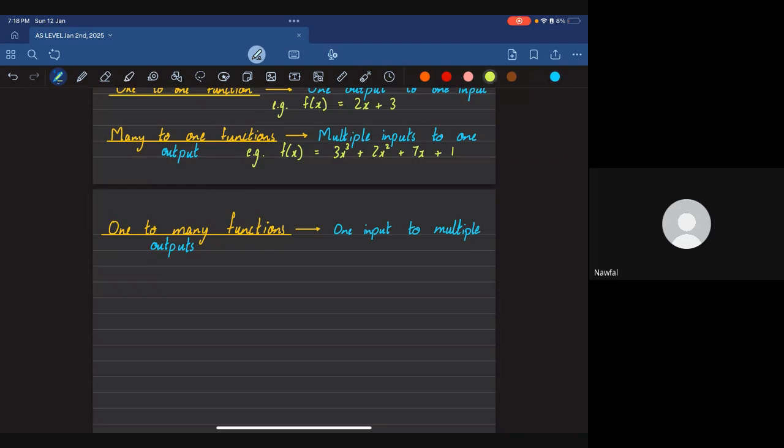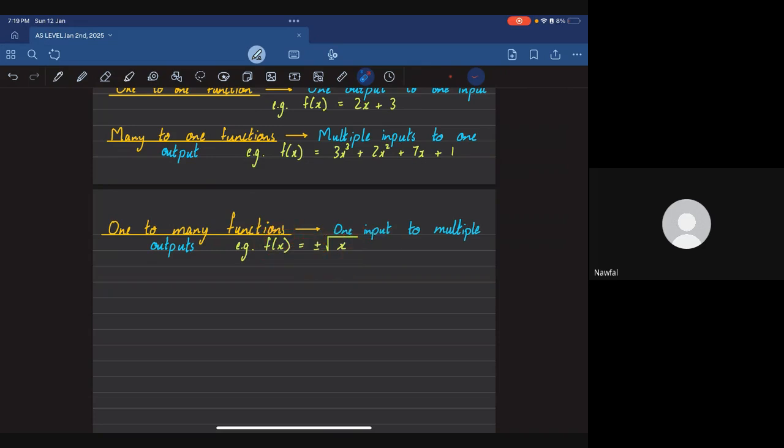If I could give you a function, it's going to be like f of x is equal to plus or minus the square root of x. This is a one-to-many function. Why? Because for one input, you're getting more than one output. How so? You're putting in one value of x, which is one input, but you're getting a plus and minus value. Therefore, you're getting multiple outputs.